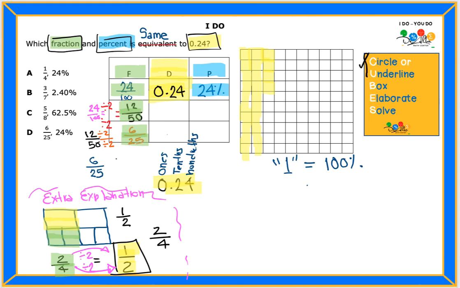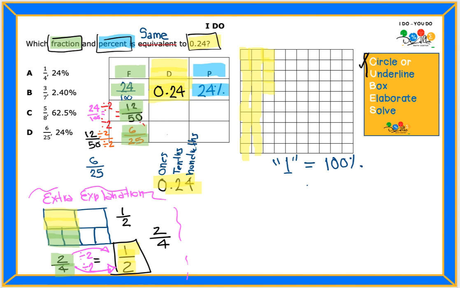But can I divide 25 by 3? No, that doesn't work. What about by 4? No. By 5? No. By 6? 6 divided by 6 will be 1. But I cannot divide 25 by 6 and get a whole number with no decimals. So this is the simplest form.